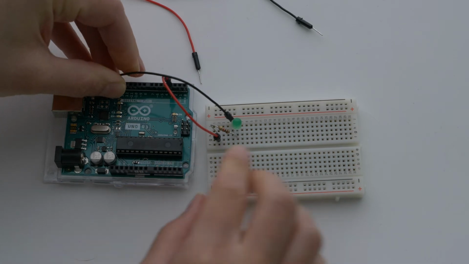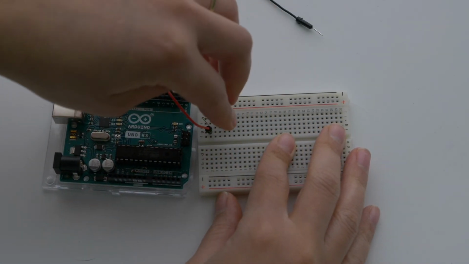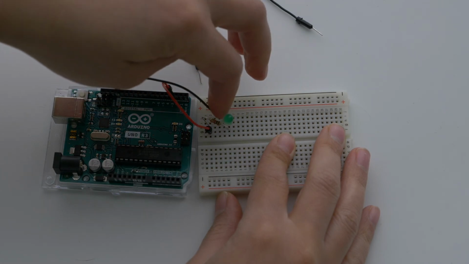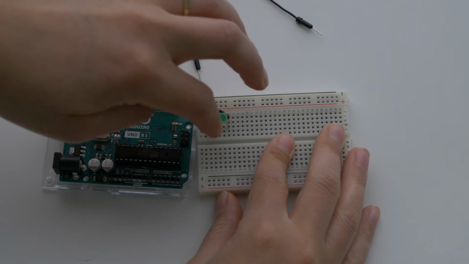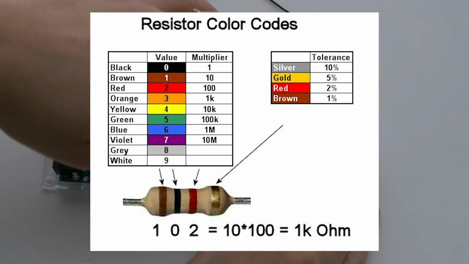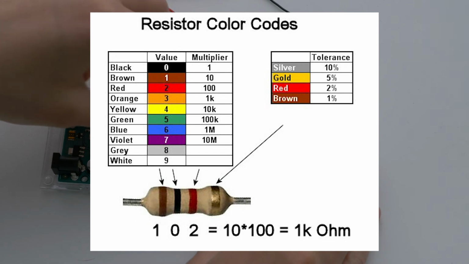Great. As you notice, this resistor has colors on it, and that's how we can tell how much it will resist. This one is actually a 1K ohm resistor.